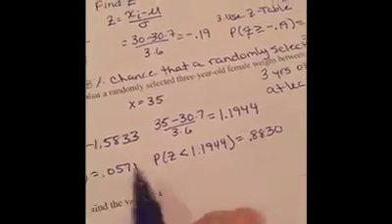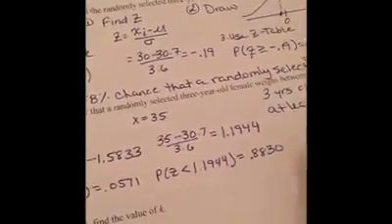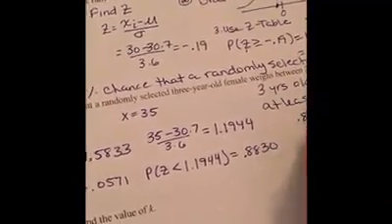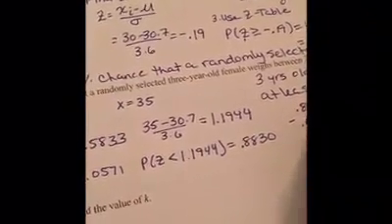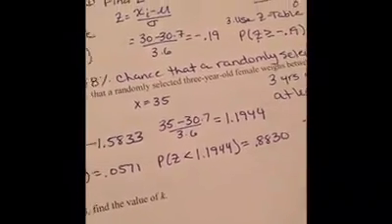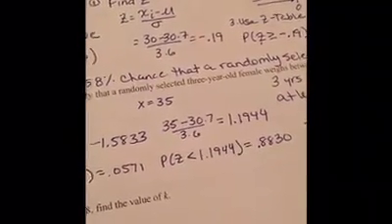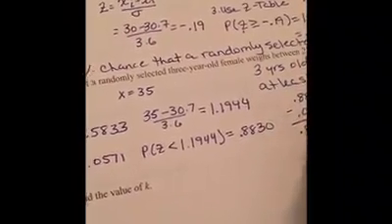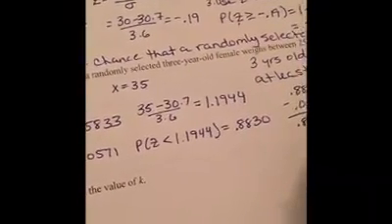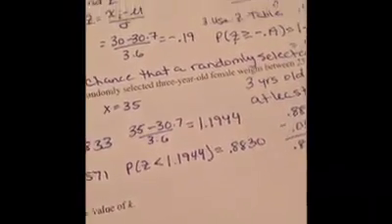Then we take these two values and we subtract them. So 0.8830 minus 0.0571, because we're looking for the value between. And when we subtract them, we end up with 0.8259.